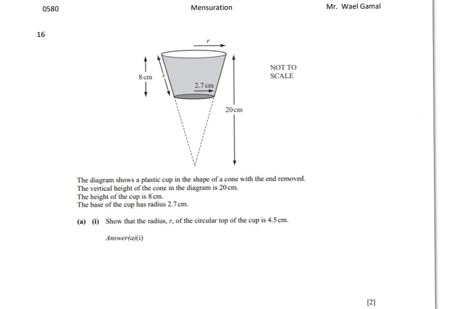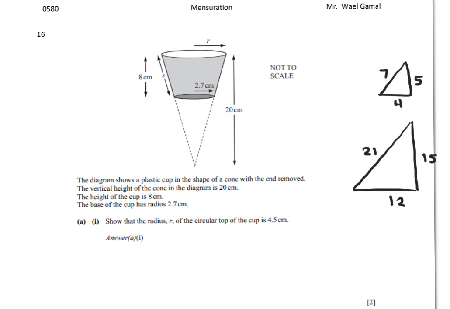If we have two shapes, for example two triangles, we call them similar if they have the same shape but different size. For example, if this side is 5 and this side 15, this side 4 and this side 12, this side 7 and this side 21.